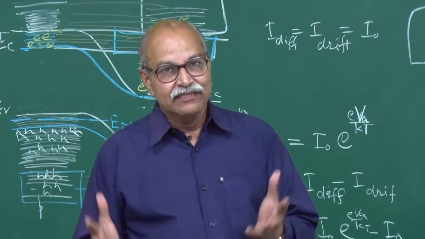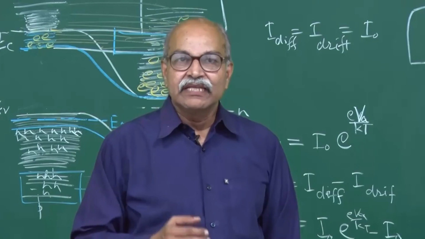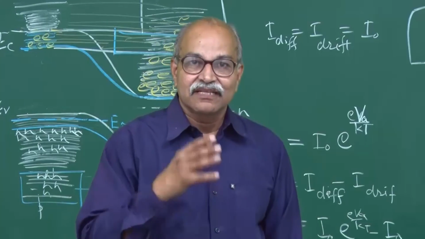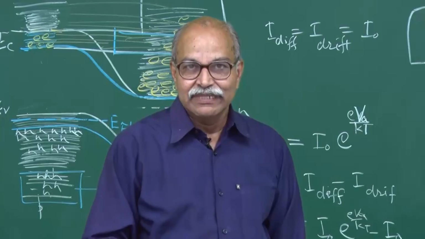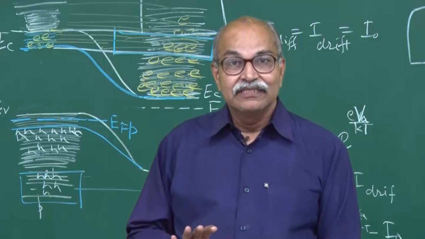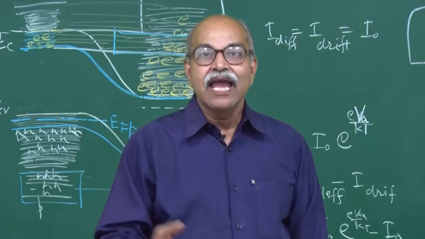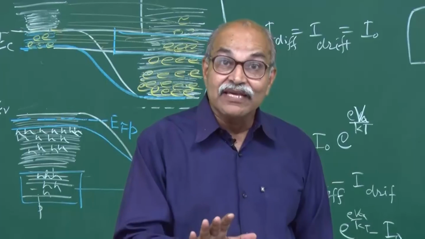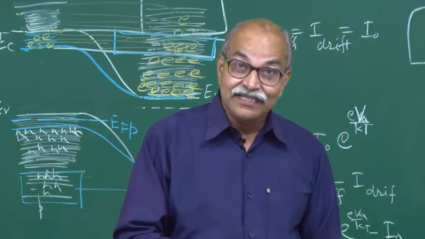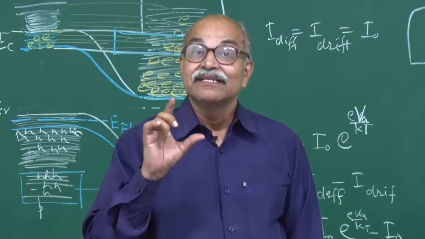There are several assumptions taken to derive this equation, and that is why it is called the ideal diode equation. There are resistances involved, the depletion layer offers large resistance, and there are some assumptions about the carrier concentrations at the edges of the depletion layer. All those things are there, but it does give you essentially the relation between current in forward bias and the applied voltage, as long as the applied voltage is much less than the built-in potential in the junction.